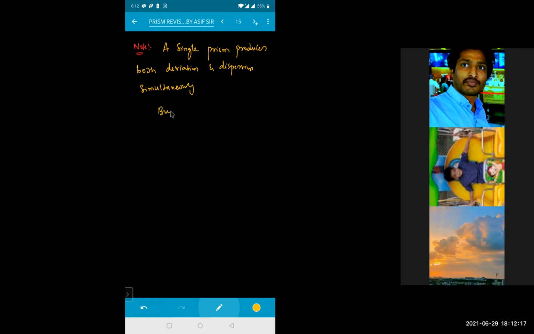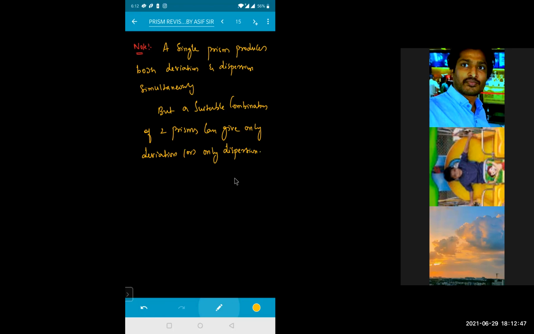But a suitable combination of two prisms can give only deviation or only dispersion. Is that clear?